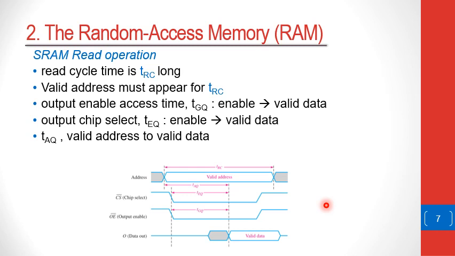So clearly the read operation must always last longer than at least TAQ, because if TRC is shorter than that, it means the read operation will end before valid data is seen on the data bus. So nothing will be read from that memory chip.